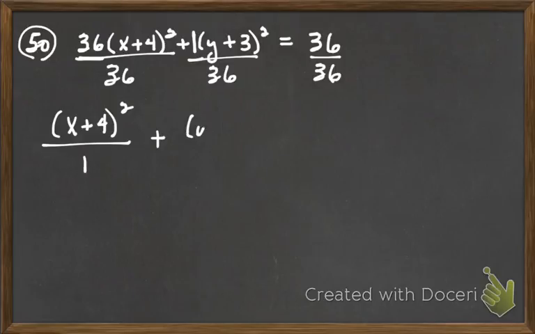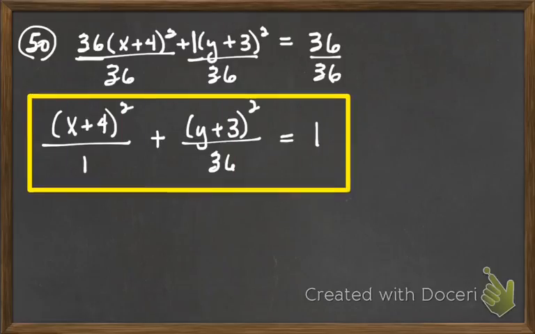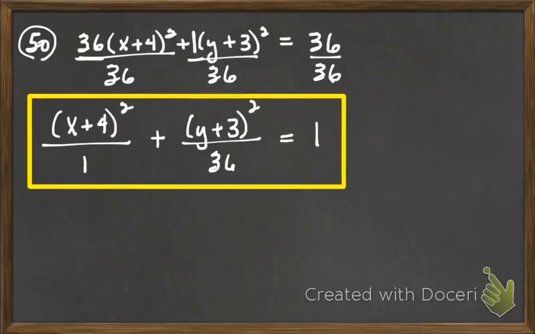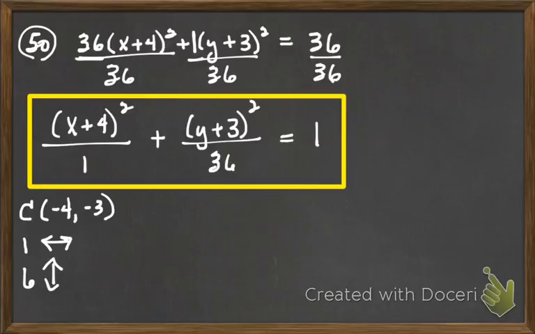And then I'm going to end up with y plus 3 squared over 36. And then all that's equal to 1. So there's my standard form. Once you're in standard form, you can say that the center is -4, -3. We're going to move 1 unit left and right, 6 units up and down.